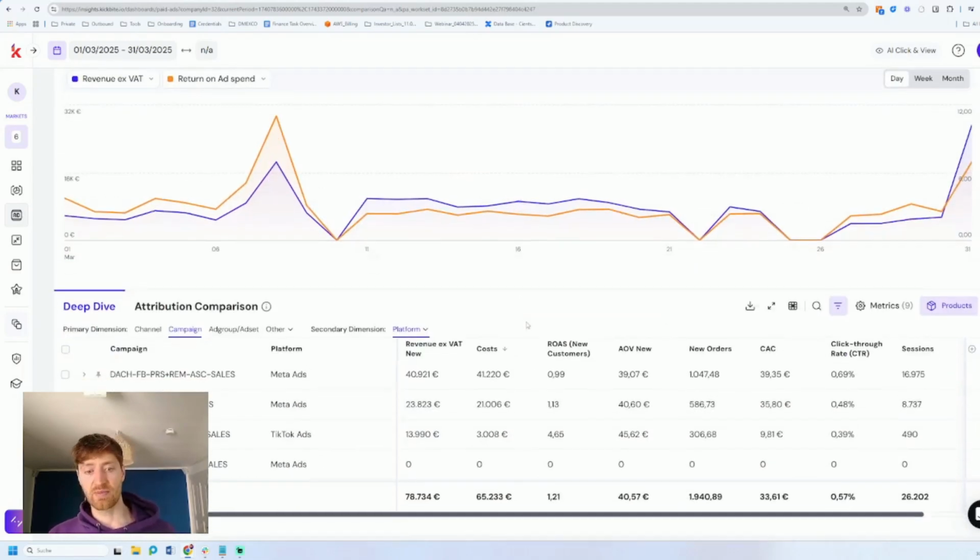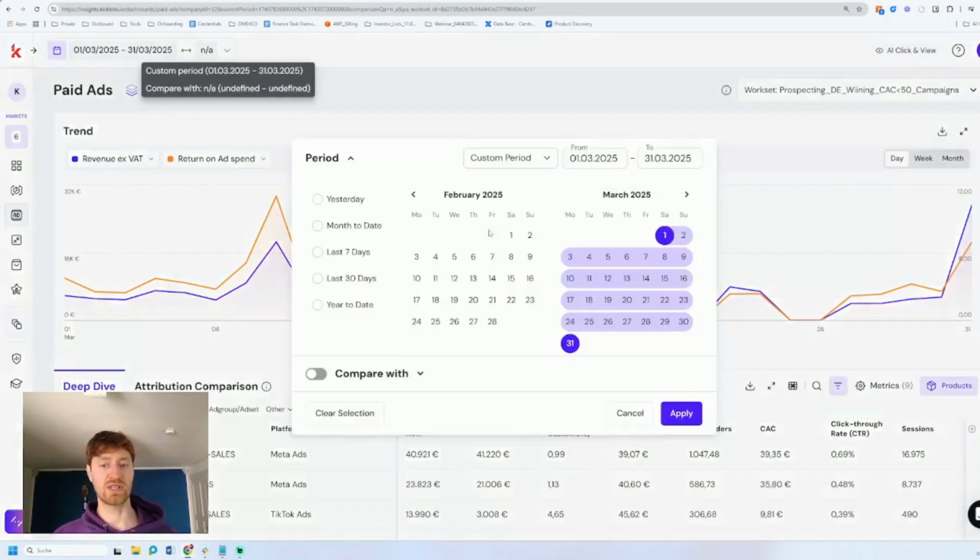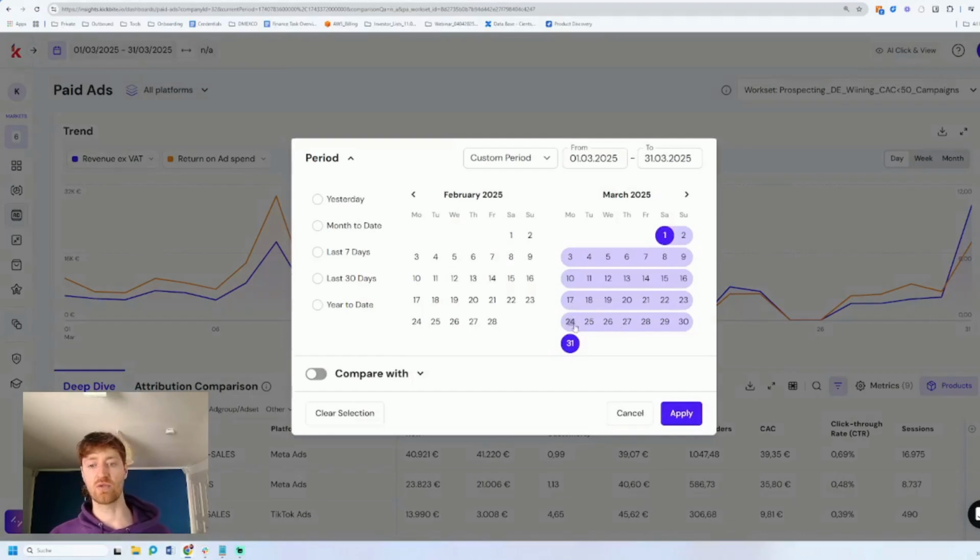Now, what I recommend, because here we will look next at a time period, that for the analysis you select at least 1 week, depending on the amount of spend you have running on your prospecting campaigns per day, or 14 days. I like to take 14 days because that gives me more accurate data to have a better validation of the campaign performance.